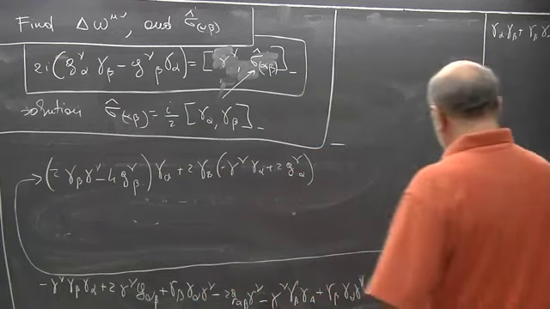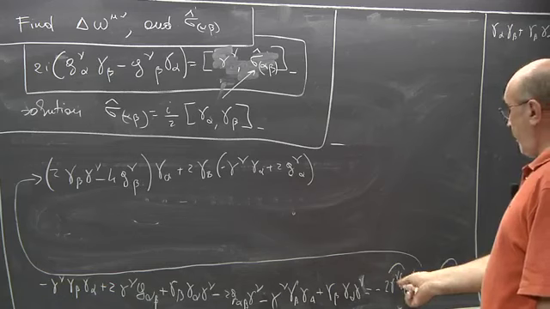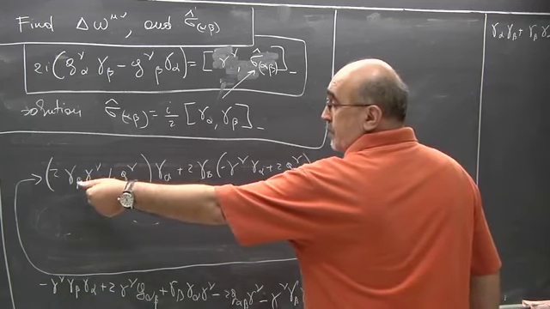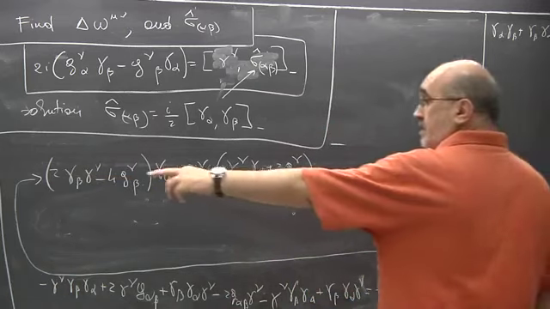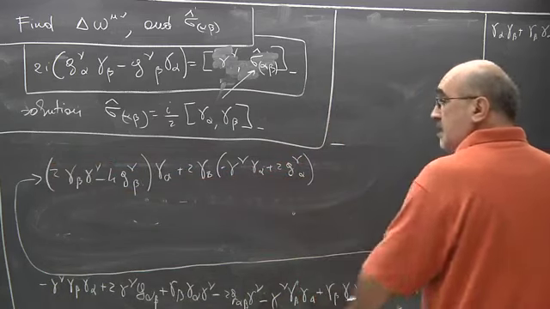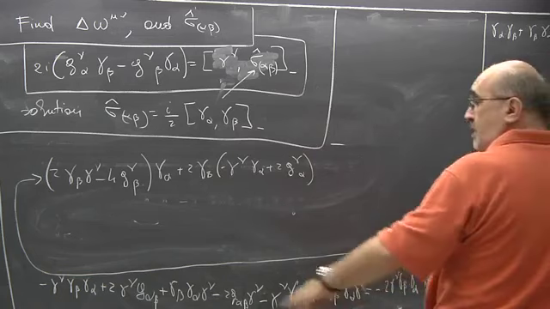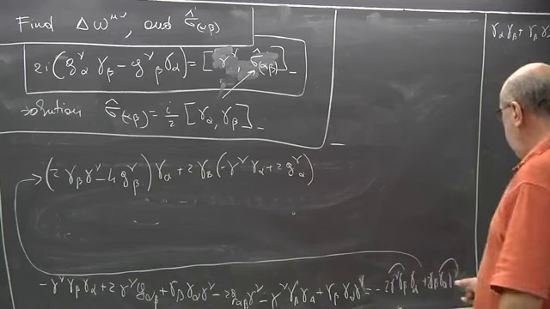So I have used for these two the commutation relation, gamma nu, gamma beta, and so I get gamma beta, gamma nu, but then I have to be careful because there is a minus, and so the minus and minus gets a plus. There is a 2, and I have the 2, and then I have the 2g beta, but now with a minus sign, so I get minus 4. The same on the other side.